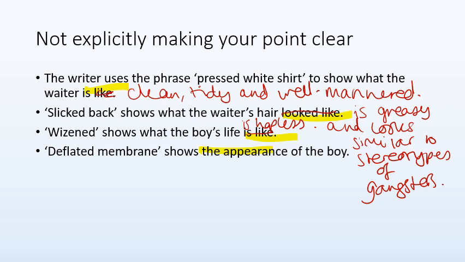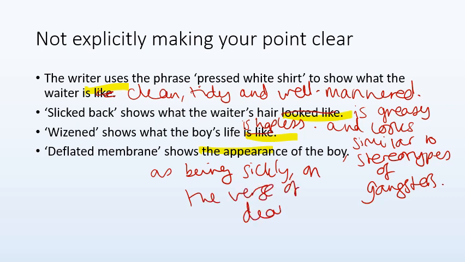Deflated membrane shows the appearance of the boy as being sickly, on the verge of death. So if you ever say a phrase and it's got what blah blah blah looks like or what blah blah blah behaves like, then you know that you've not really explained your point. You need to have your adjectives, you need to explain your point fully, explicitly, make yourself really, really clear. Don't assume that the examiner knows what point you're trying to make. You need to say your point.